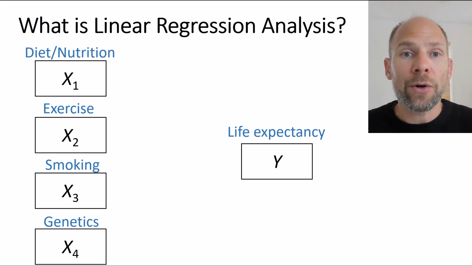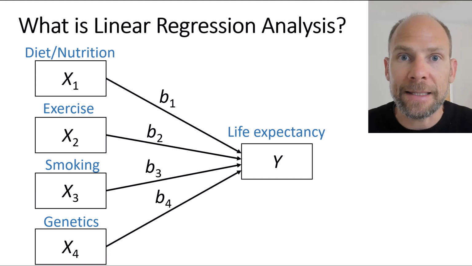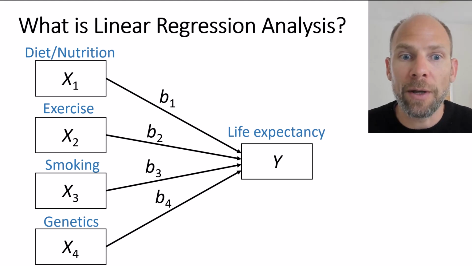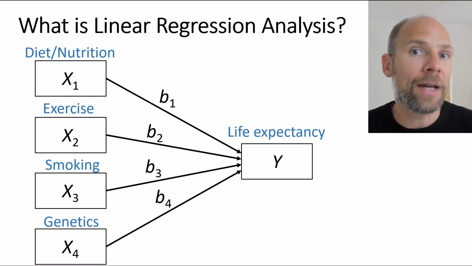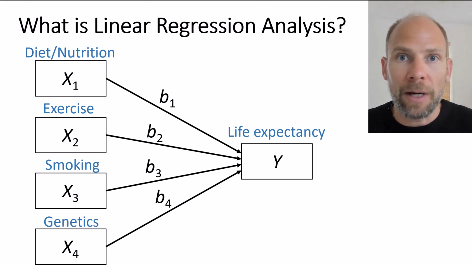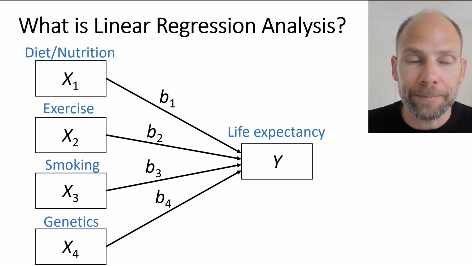So then the goal of linear regression analysis is to determine the weights of the different predictor variables. Those weights here are indicated as B1, B2, B3, and B4, and we will see later on how those find their way in the analysis more formally.